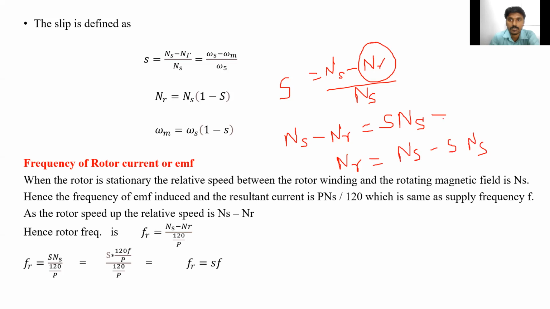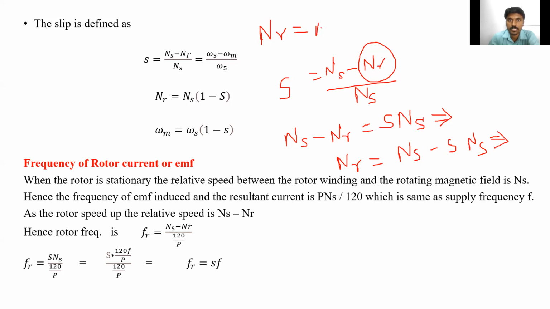From this equation, can we write nr is equal to ns minus s into ns? Anyone? Yes, sir. Okay, so from that equation, what we can write: ns is common.